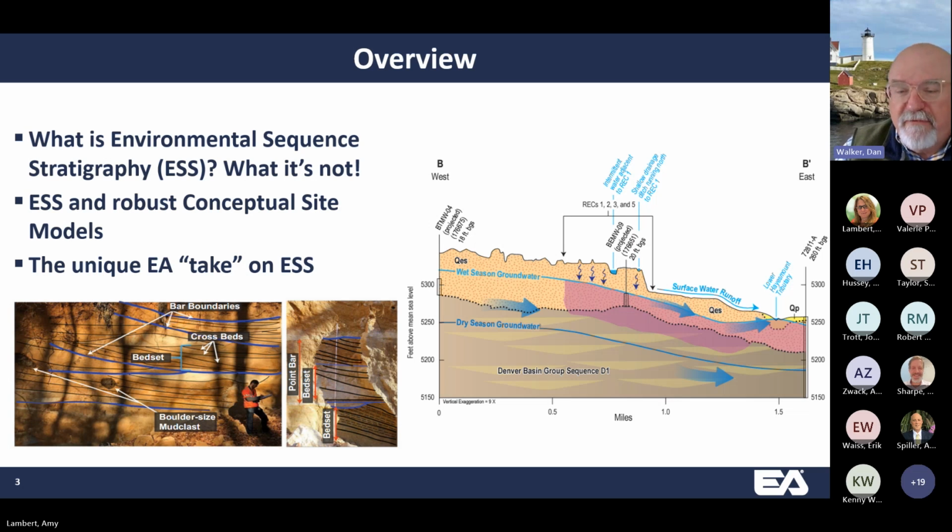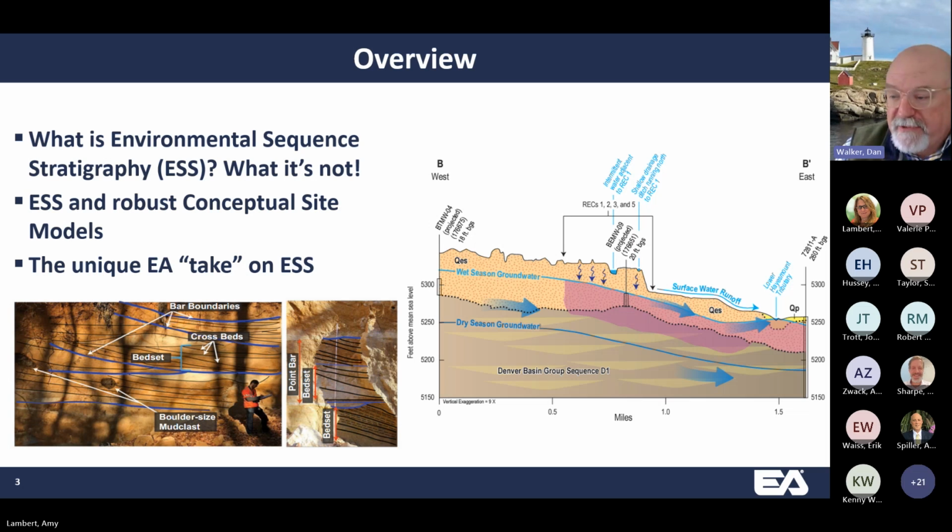So what is environmental sequence stratigraphy and what is it not? I think the easiest way to do that is to do it in reverse order. What it is not is simply a rebranding of techniques that we've been using in the environmental field over the last few decades.